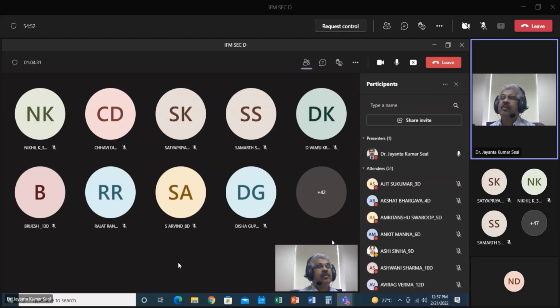Say you have heard about Tata AIG. Yes or no? Yes, sir. Tata AIG is a case of foreign direct investment. Now suppose this Tata AIG wants to raise money in the overseas market.